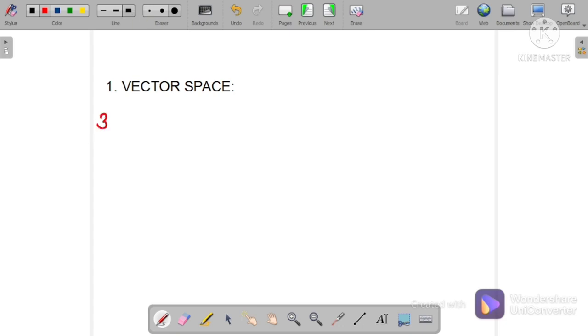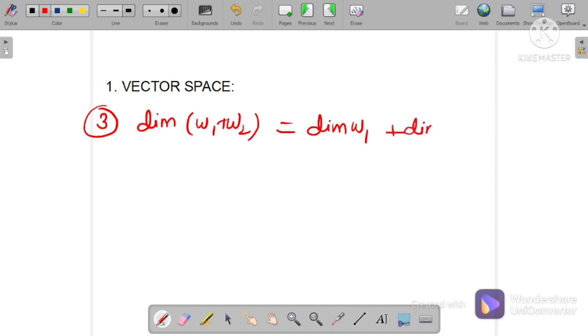Now the third result is: dimension of W1 plus W2 is equal to dimension of W1 plus dimension of W2 minus dimension of W1 intersection W2.